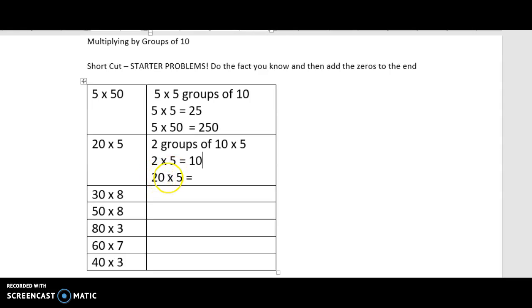So then 20 times 5 would be 10 with one more group, and that's 100. 10 groups of 10 is 100. So here I had 2 times 5 is 10, and then I had a 0, so I added it to the end. Go ahead and pause it and do the next 5 and write down your answers.